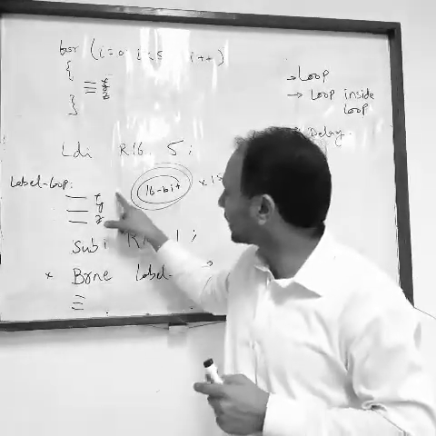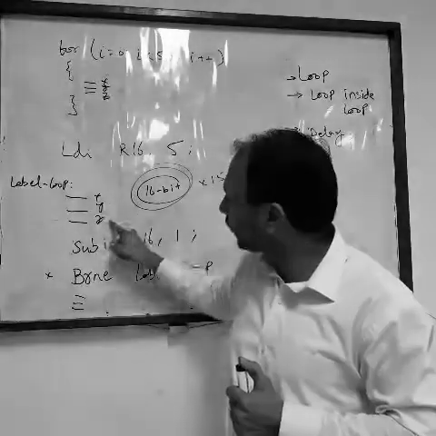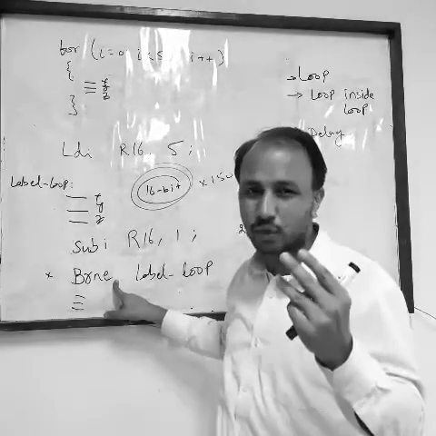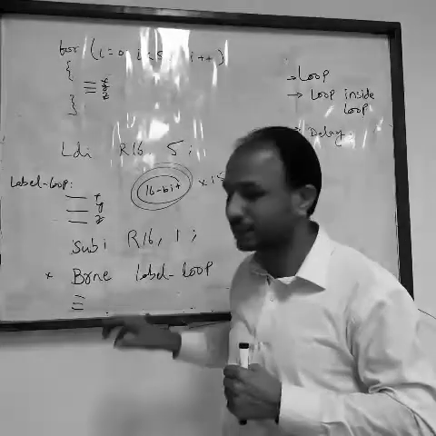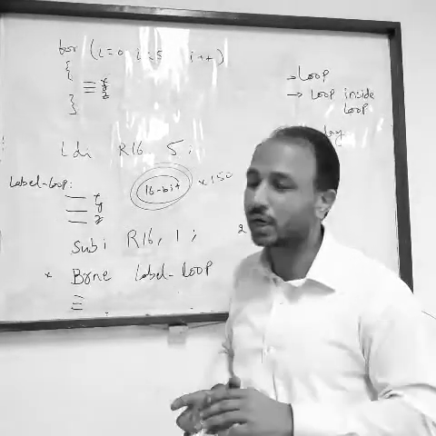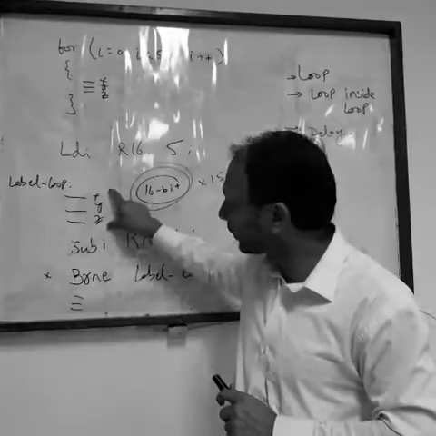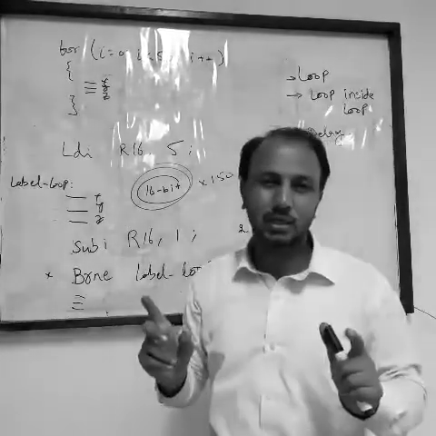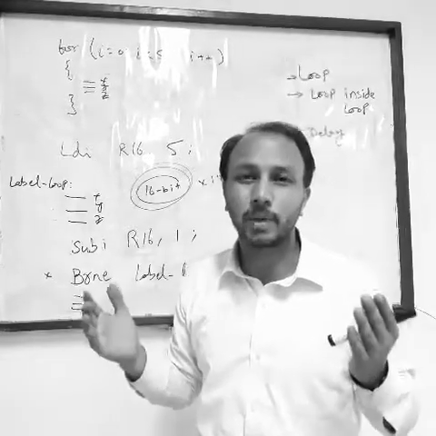How many instructions will now be used? 1, 2, 3, 4, 5, 6, and let's say this takes two instruction addresses, so 1, 2, 3, 4, 5, 6, 7. So 7 memory addresses of your AVR are used here, instead of 150 memory addresses if you repeat it 50 times. So you saved a huge amount of memory.